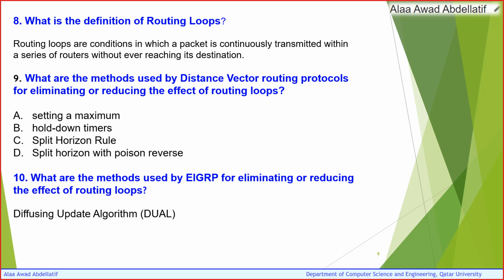Take care of this. For EIGRP, we use the DUAL algorithm, while in general for distance vector routing protocols, we use the four methods: setting maximum, hold down timer, split horizon, and split horizon with poison reverse. You have to differentiate between which method is used by EIGRP and which by default distance vector routing protocols. And also, you should know how each method works.